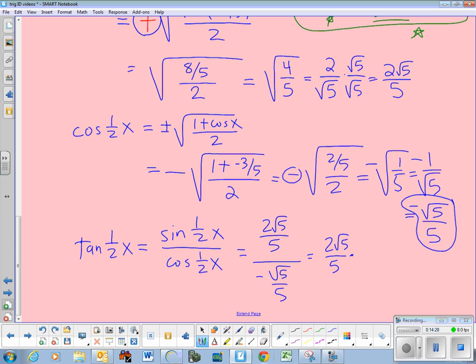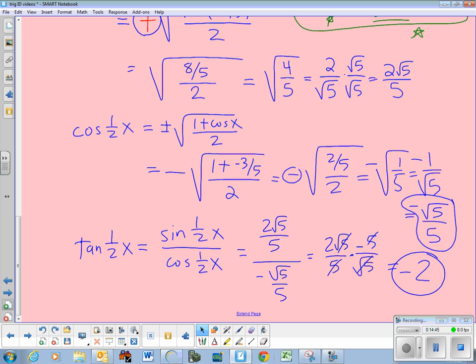Multiply by that fraction flipped over. Cancel, cancel, cancel, cancel. And unless I'm confused, which I don't believe I am, the whole thing cancels except for a negative sign and a 2.